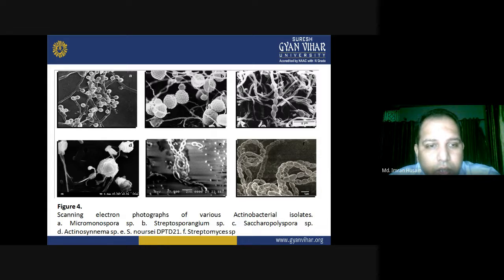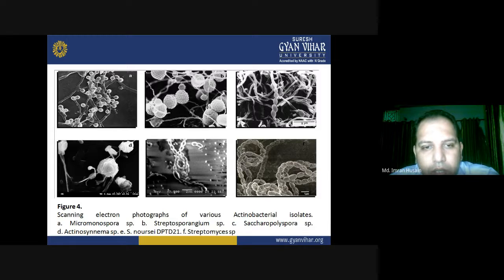In image A, you can see a Micromonospora species, and in image B, a Streptosporangium species, and image C displays the Saccharopolyspora species, and image D represents an Actinosynnema species, and image E Streptomyces nosoria DPTD21, and image F displays a Streptomyces species.